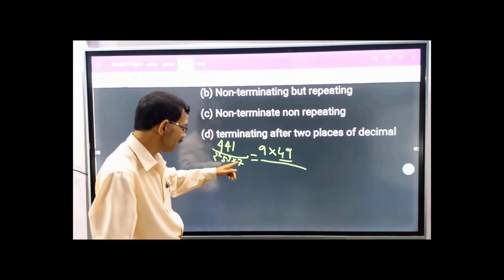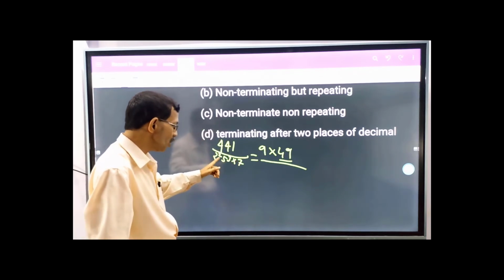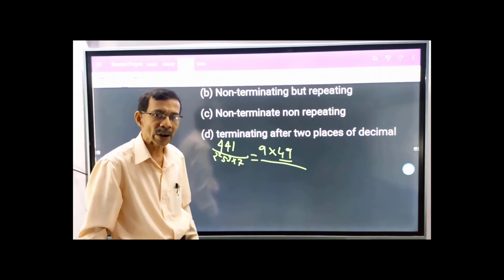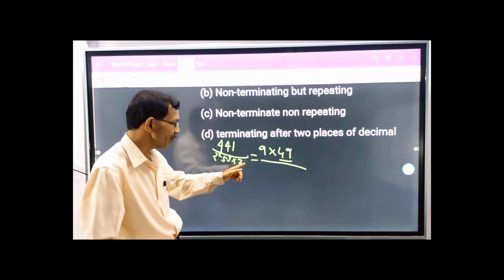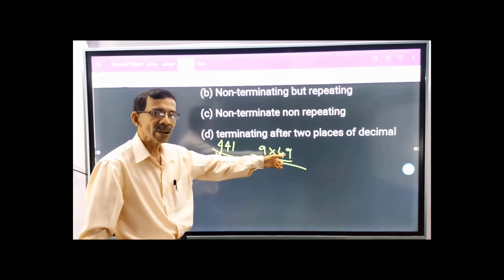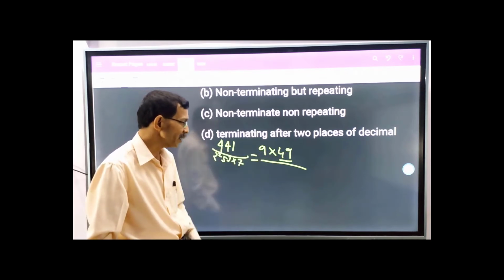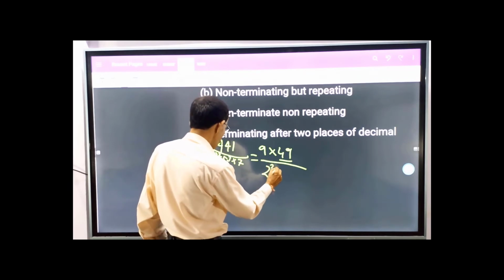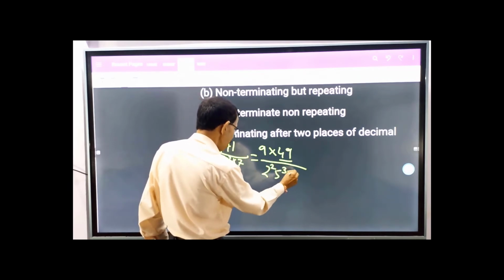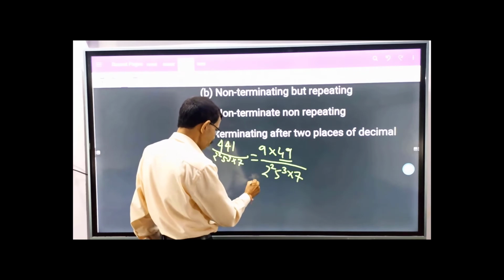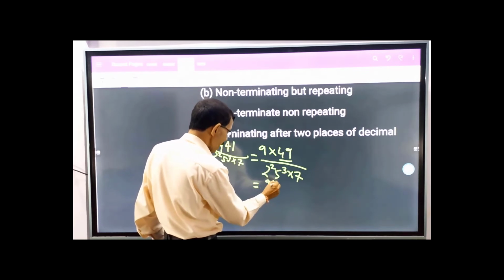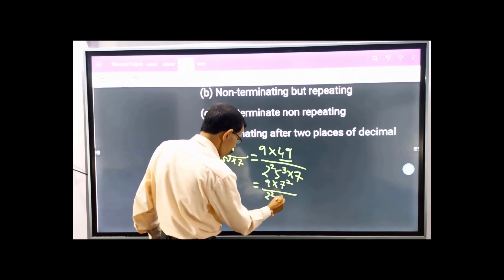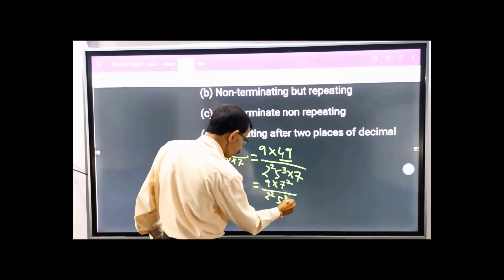And when 7 square is there, the denominator should be of the form 2 raised to m into 5 raised to n. These are required. But 7 is not required. Somehow we have to remove the 7. So for that I have searched for 49. So we are getting 49 over here. So this will be 2 raised to 2, 5 raised to 3 into 7. And further this can be written as 9 into 7 square over 2 raised to 2, 5 raised to 3 into 7.